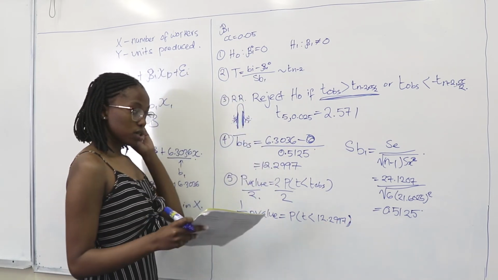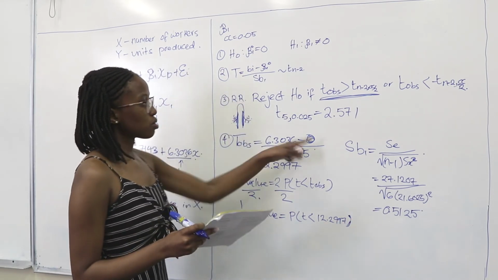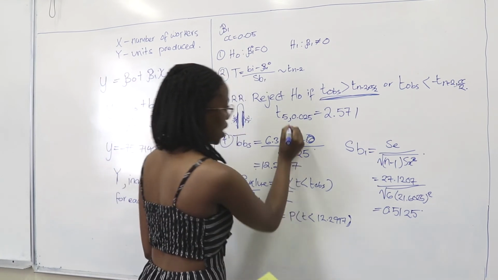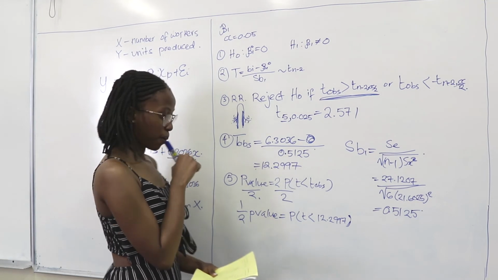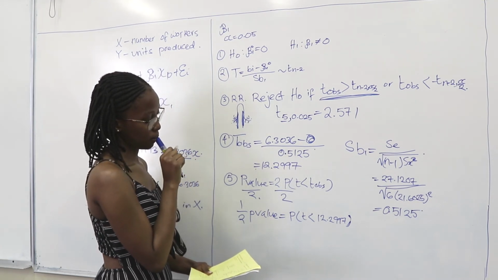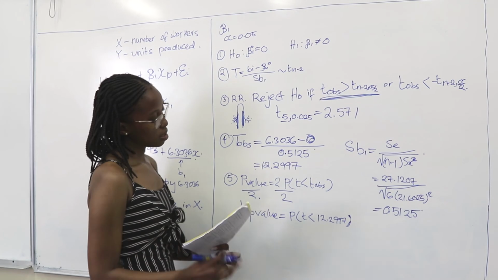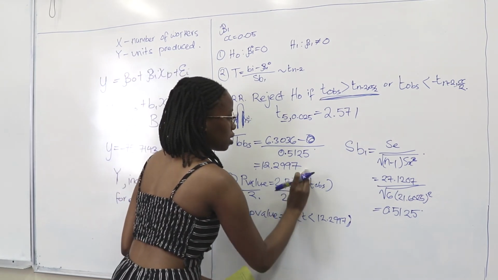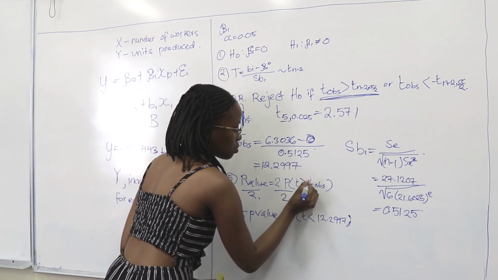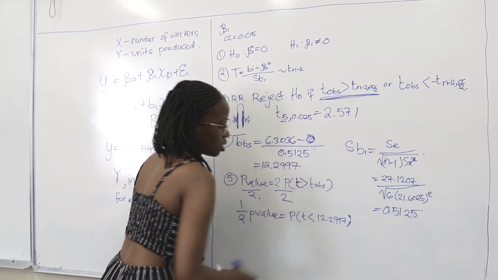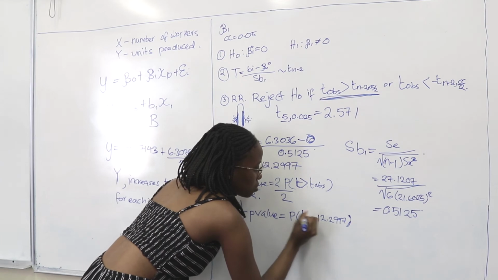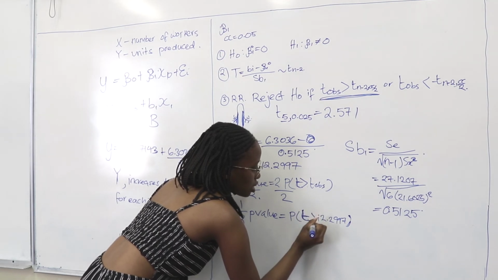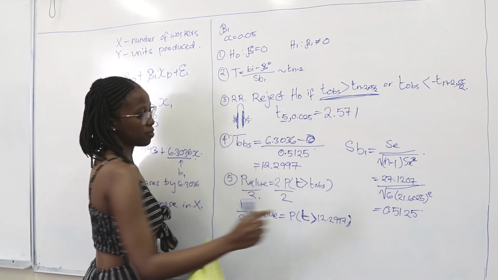So now we need to go to our T table and look at the degrees of freedom of 5. Isn't it supposed to be greater than? Yes, sorry. I said T observed is less than, then I wrote the opposite. Yeah, if T observed is less than, then it means that T is greater than T observed.